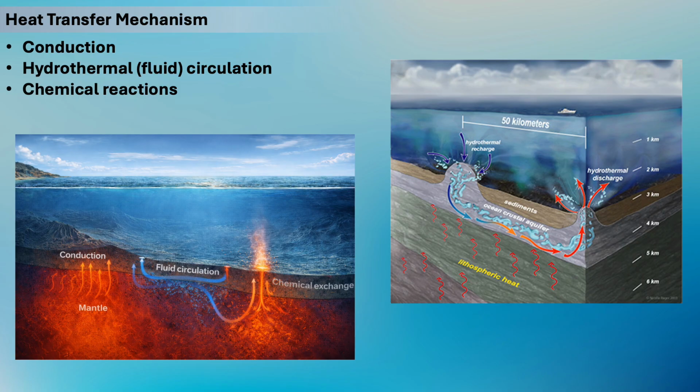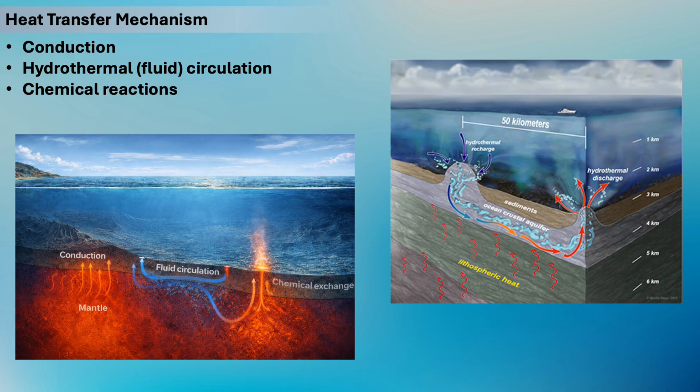Thermal energy moves from hotter regions of the crust to cooler regions without the rock itself moving. This process operates everywhere in the oceanic lithosphere, but it is relatively inefficient. Conduction alone cannot remove heat fast enough to explain the observed heat loss from ocean basins.